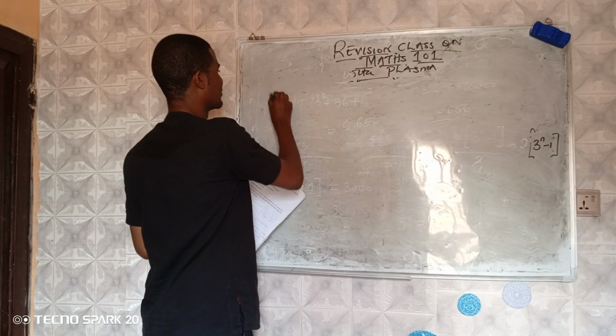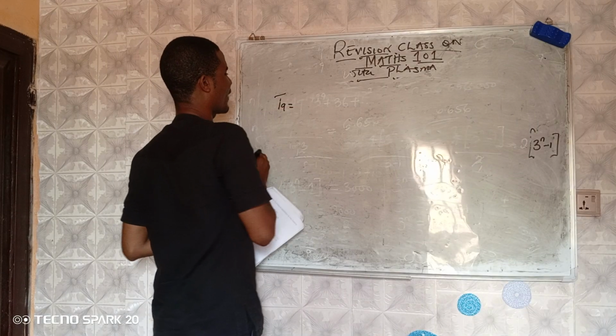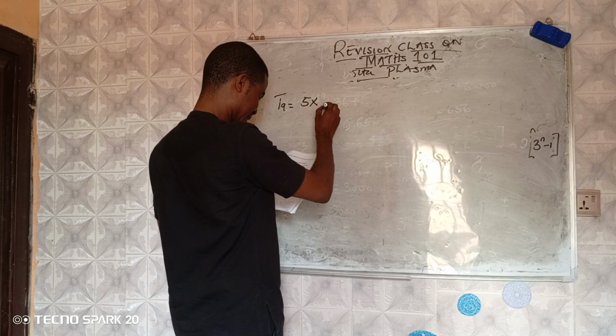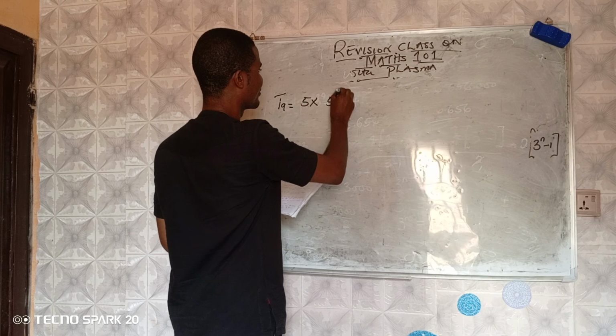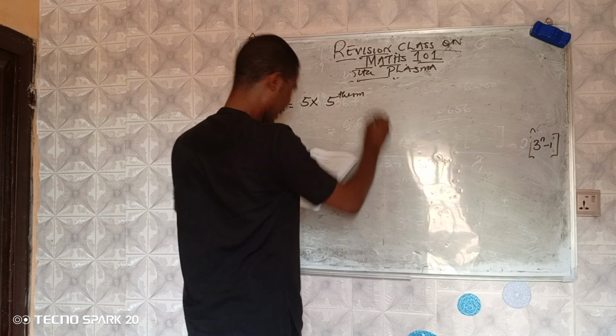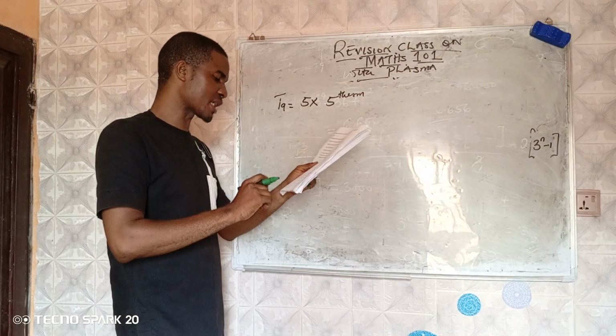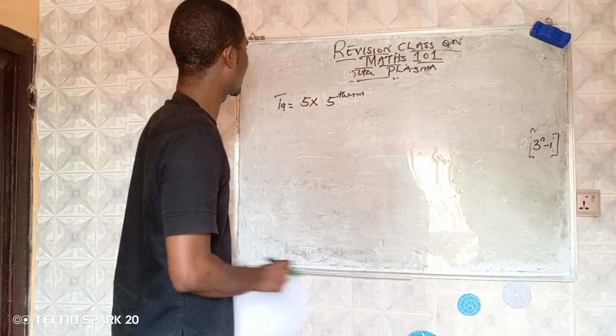The ninth term of an AP is 5 times what? The fifth term of that AP. They now say, find the relationship between the first term and the common difference.